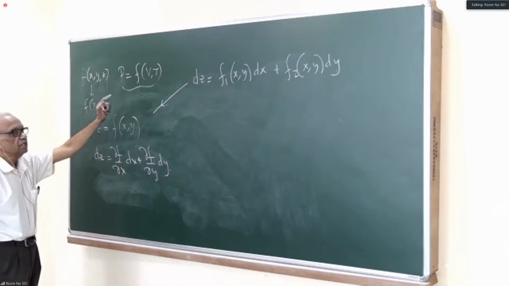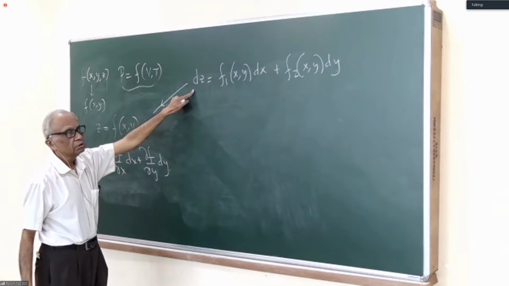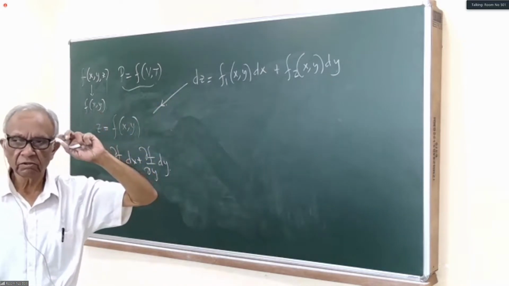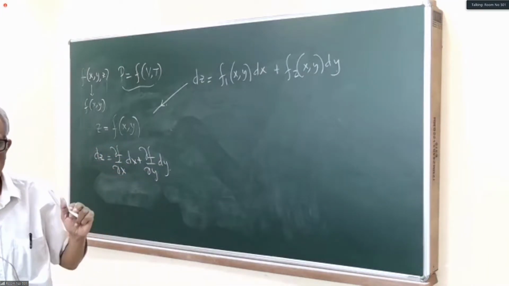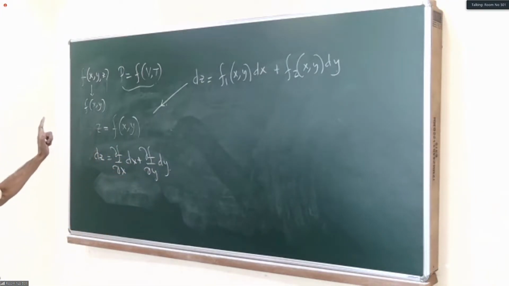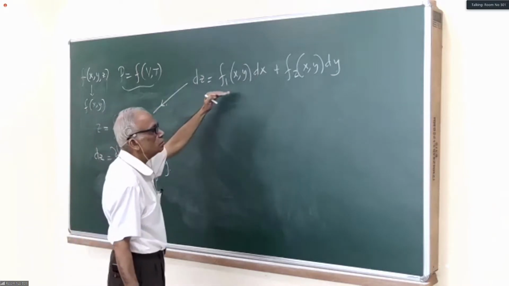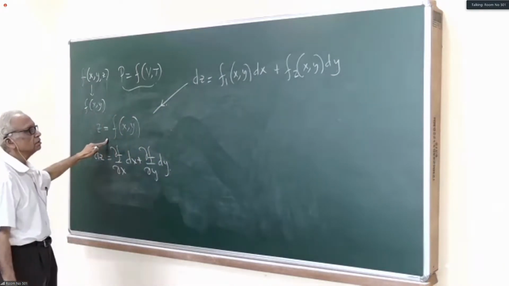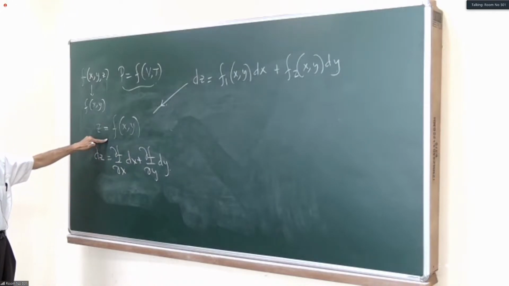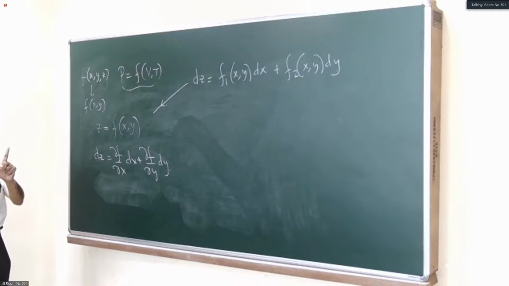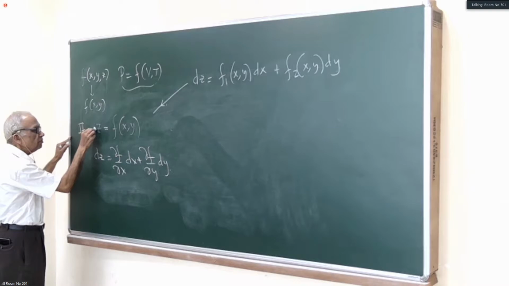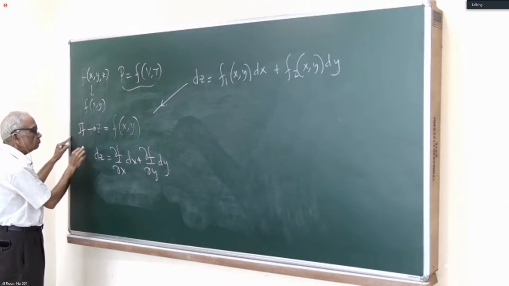So given this information, get this very clearly, because this is the maths that one would be encountering. Given this situation, can I get this? That is the problem.